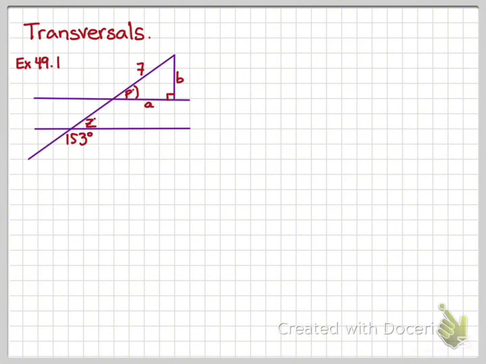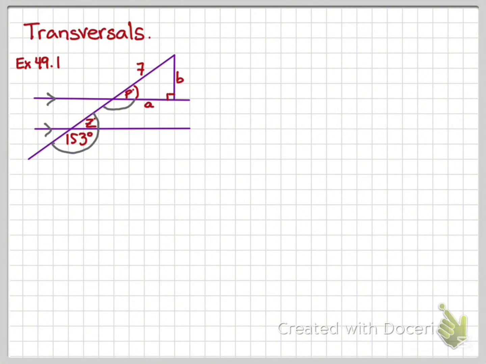Now with transversals, remember that is whenever we have 2 parallel lines, like in this case, we have parallel lines with 2 lines that never touch, and we have a transversal. This one here is the transversal. It's the one cutting or intersecting both of the lines. And we've learned before in the past that this angle here, 153, is the same as this one here, and that is the supplement of z.